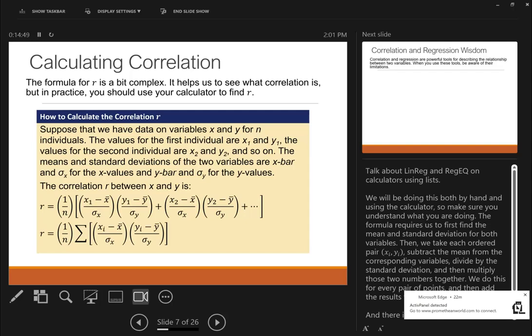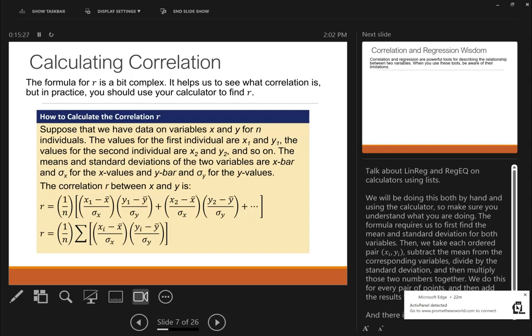N is the number of measurements in your data set, and it's the first x data point minus the average of x's, divided by the standard deviation of the x's, times the first y data point minus the average y, divided by the standard deviation for y, and then plus the same thing for the second x and y, plus the third x and y, and so forth, all the way until you've counted all of your x and y's in this fashion.